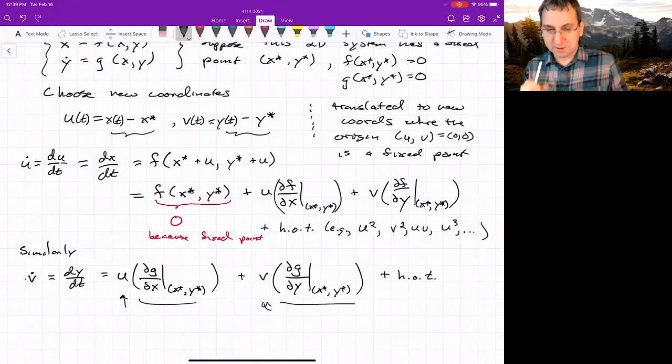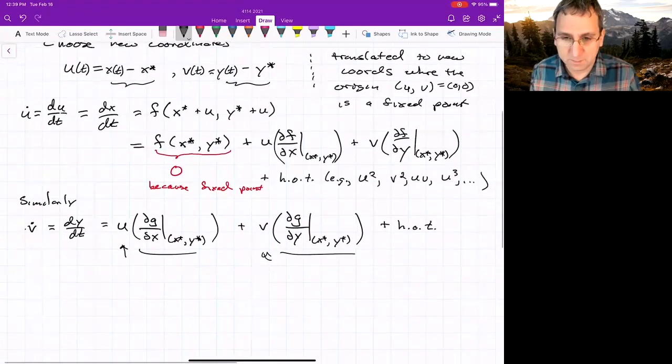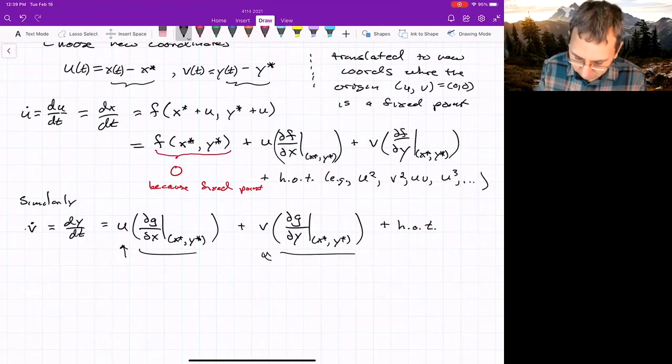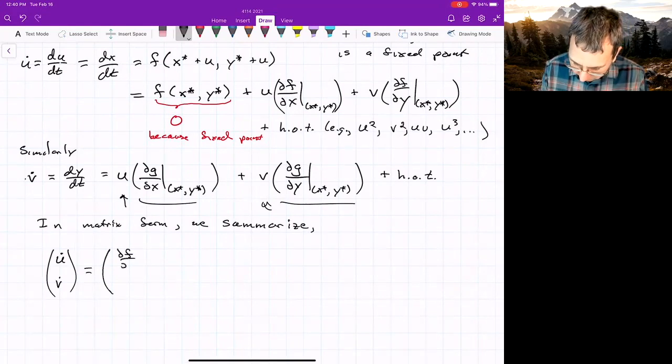But if we have something that's u times v, or u squared or v squared, or any nonlinear term in u and v, it'll be extremely small. So that's the justification. We'll summarize u dot and v dot, write it in matrix form. U dot v dot equals partial f partial x partial f partial y.